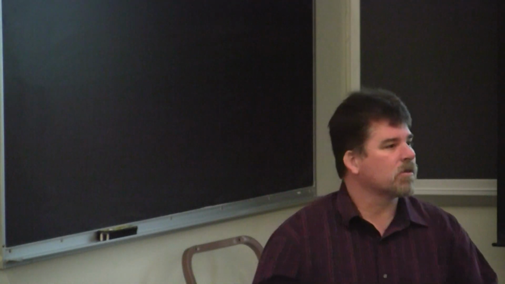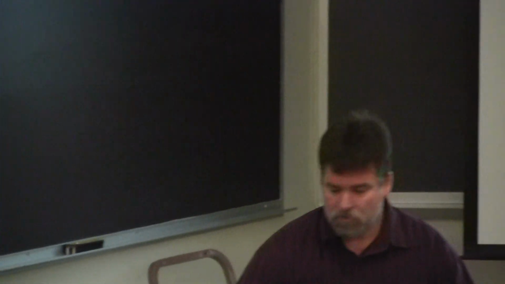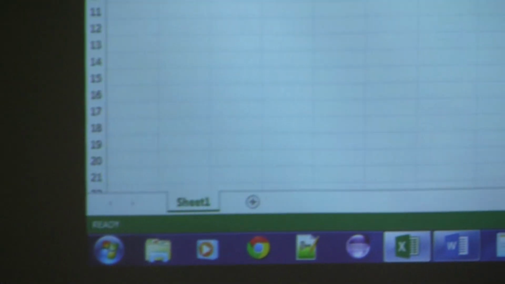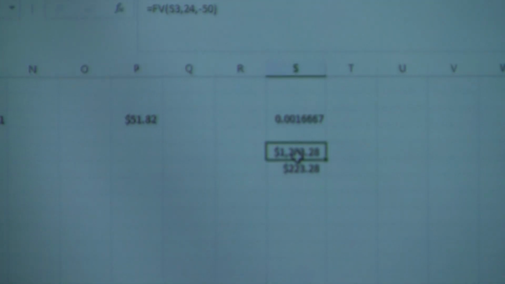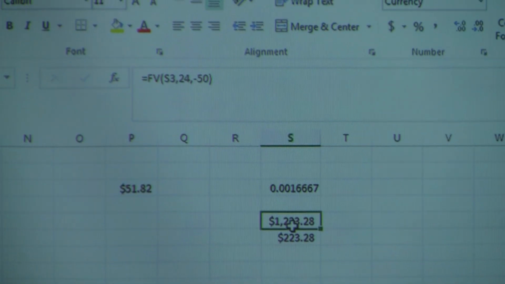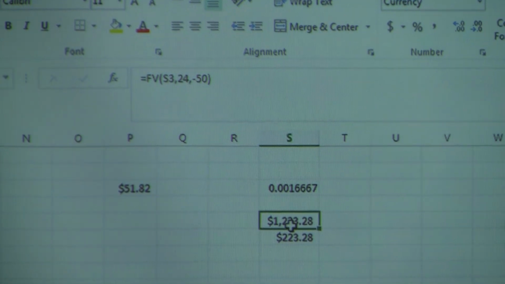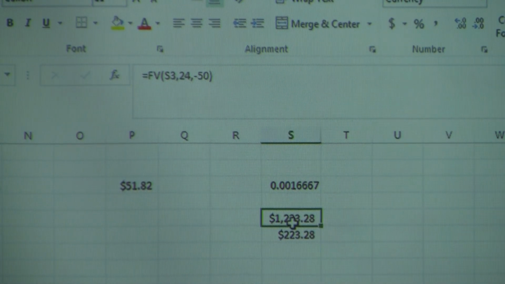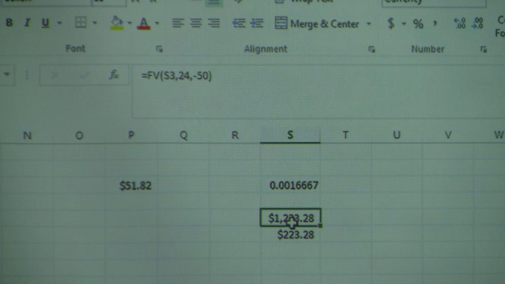Was there a question? The 1,200? There is no present value in this case, and there is no future value. I'm just using the future value formula. Now there would have been a present value if I started with an initial deposit and then began making periodic payments. But I did not.